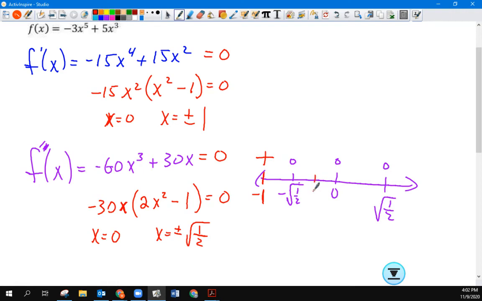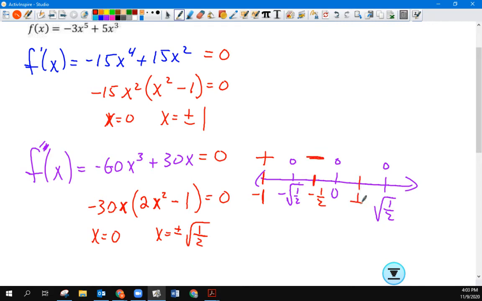Then you're going to plug in, say, negative 1/2 here. I'm going to use the factored form, so that's going to be positive here. And then when you plug in 1/2, you get 1/4, positive 1/4 times 2, which is 1/2, minus 1, which is negative. So this is going to be negative.